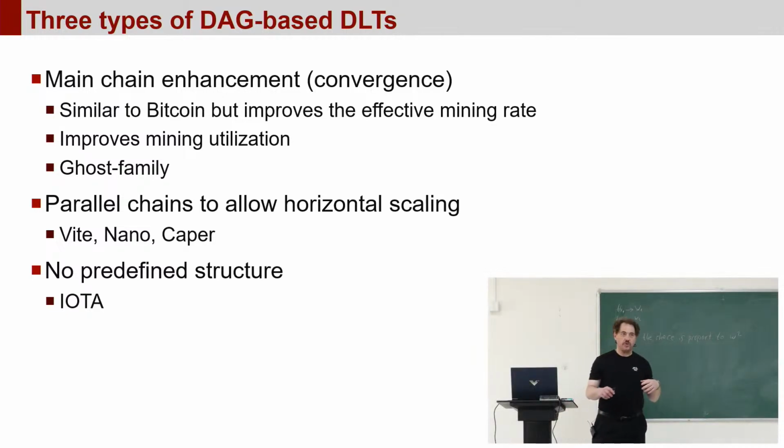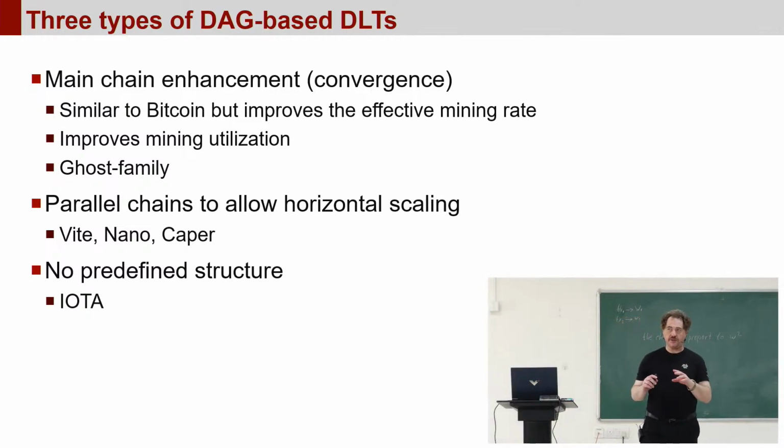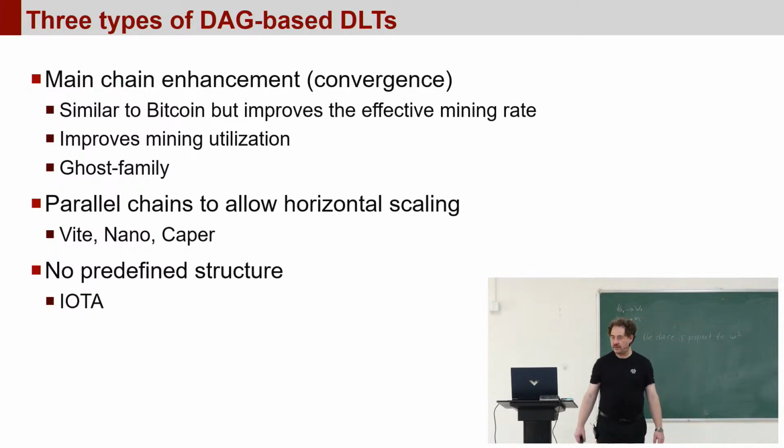A lot of DAG-based systems are just trying to improve convergence on the main chain. For example, GHOST does exactly that, right? The GHOST protocol, which we considered in the context of convergence in Ethereum, does exactly that.